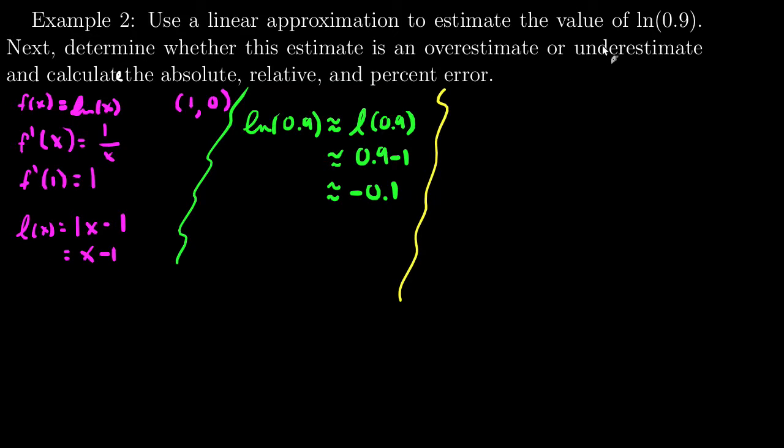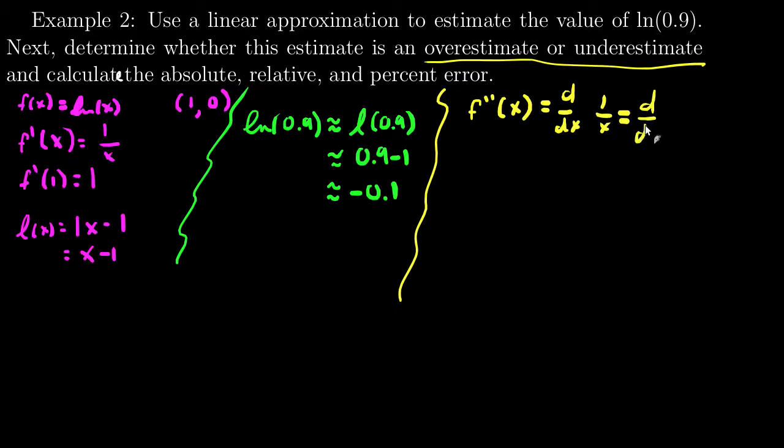Next, overestimate or underestimate. So I'll look at the second derivative. So the second derivative of x will be the derivative with respect to x of 1 over x. If I want to avoid using quotient rule, which I don't want to actually have to use, I'll look at this as the derivative with respect to x of x to the negative first power.